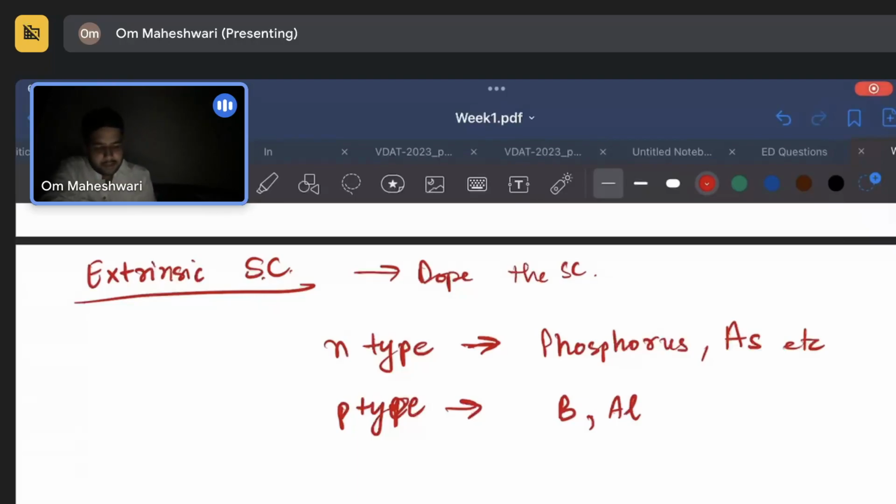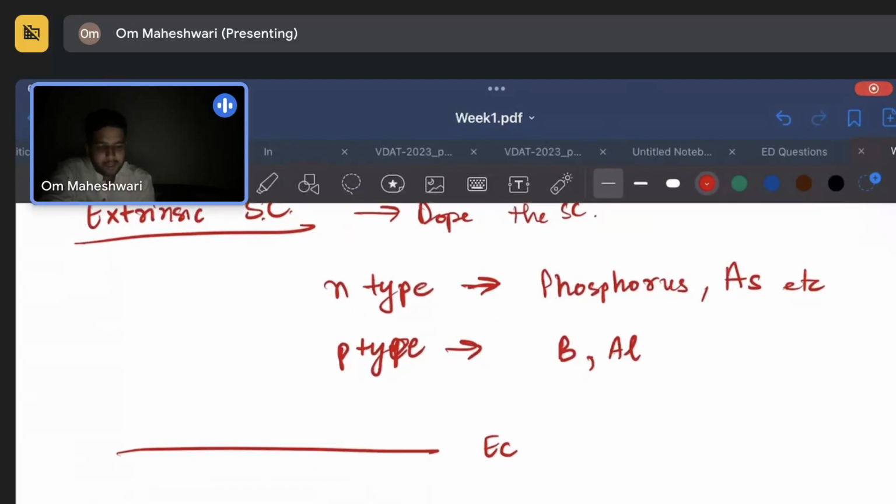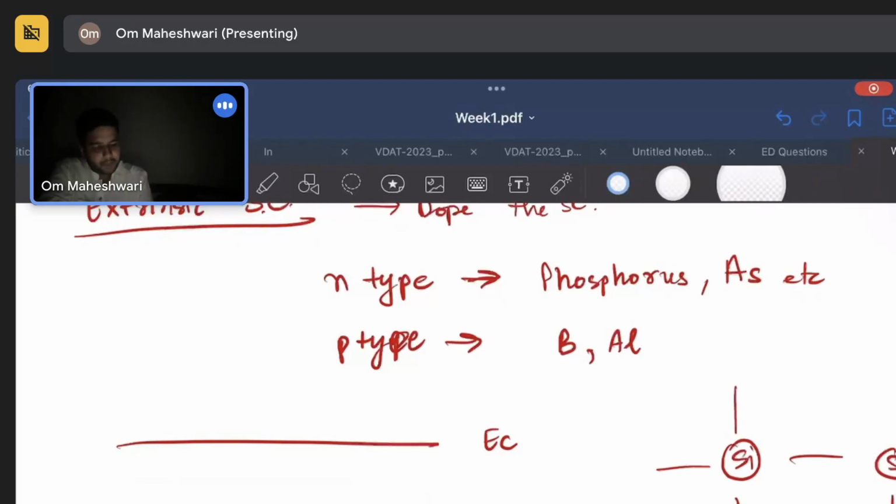So how this works is, we have ec, ev. Let's say we want to make it n-type. For the impurities, we have the silicon atoms, Si, Si, Si. Let us say we dope it by arsenic, so this As will replace this atom and it will bring another additional electron with it, which it can donate.